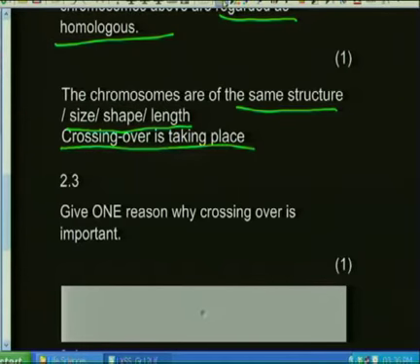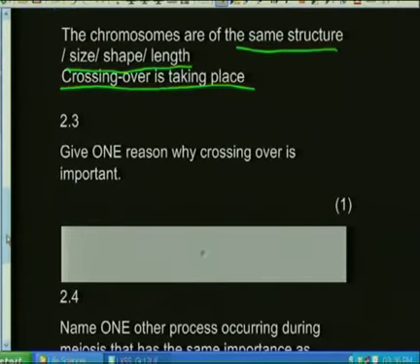The next question says, give one reason why crossing over is important. In other words, you've identified the chiasma, we've spoken about crossing over. Now they want to know, why is this crossing over important? And this answer will not ever change. Whichever way it's asked, whether they show you the crossing over and they say, explain the significance of that process, or whatever way, the answer will not change.